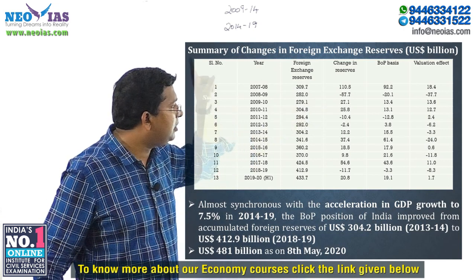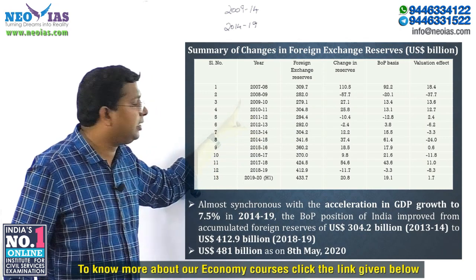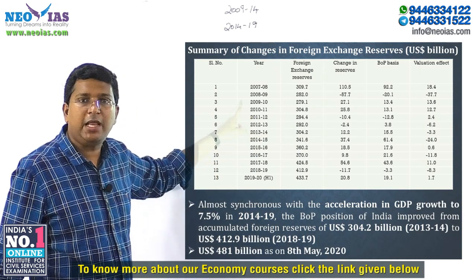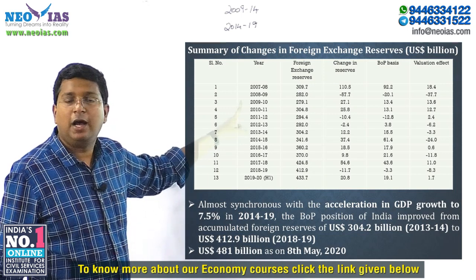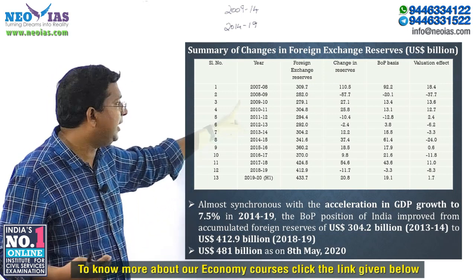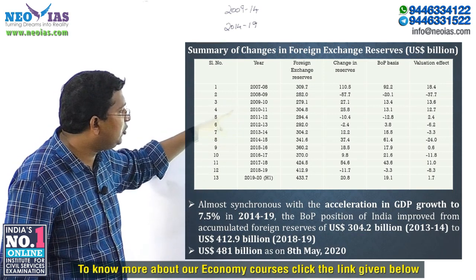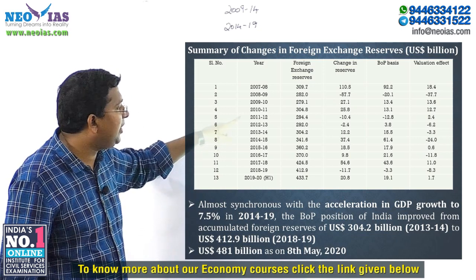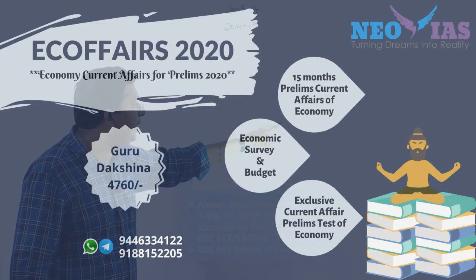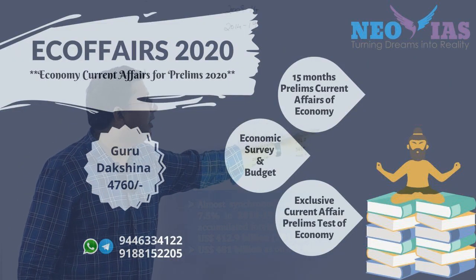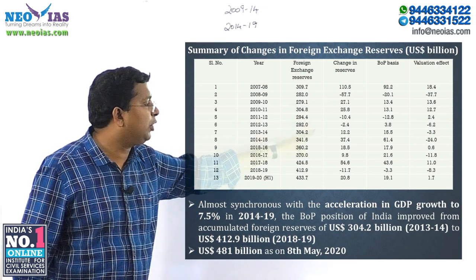There has been a drastic decline in our forex reserve in the financial year 2008-9, mainly because of the impact of the global financial crisis and the outflow of FPI, like foreign investment, etc. Okay, but from 2009-10 onwards there has been a gradual improvement. Again in 2011-12, because of the Eurozone crisis, there has been a decline in our forex reserve. You can see that the decline in forex reserve. Okay, negative is decline in the foreign exchange reserve.